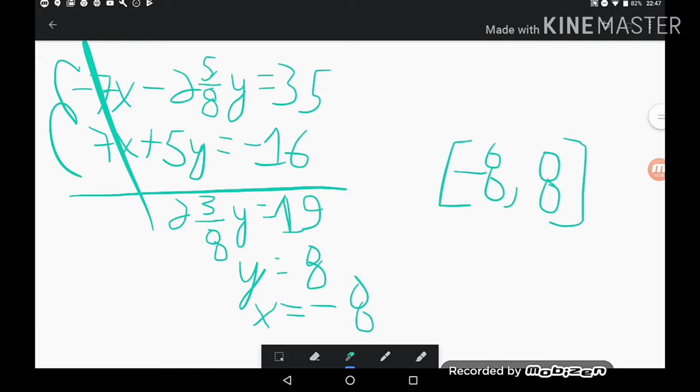And that number we want is negative 56, because negative 56 plus 40 is negative 16. So we know that that bottom equation is also true, therefore our solution is true. Negative 8, 8 is our solution. Let me just fix that, and there we go. Negative 8, 8 is our solution. Alright, let's try another one.